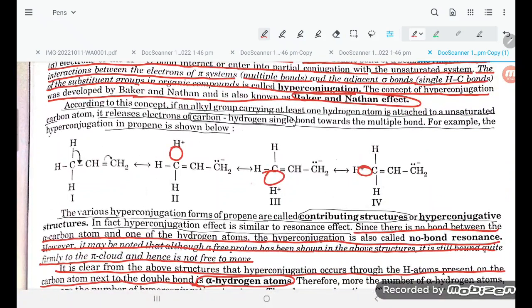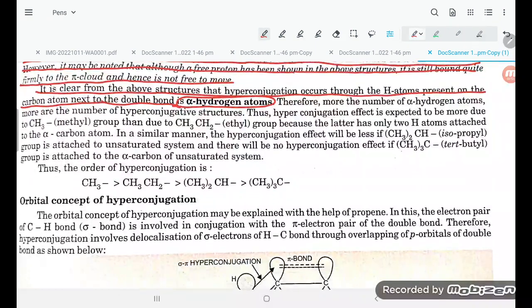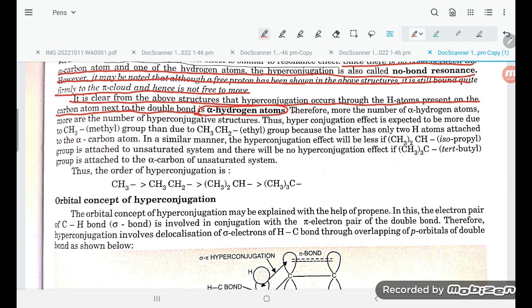So this is the double bond, this is the alpha carbon, and these are the alpha hydrogens. Therefore, the more the number of alpha hydrogen atoms, the more the number of hyperconjugative structures. Thus the hyperconjugation effect is expected to be more due to CH3, the methyl group, than due to the CH3CH2 ethyl group, because the latter has only two H atoms attached to the alpha carbon atom.